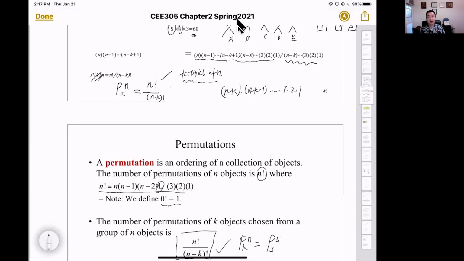Here L does not mean an L, it is just n minus 3, n minus 4, times n minus 5 and so on, until you get 3, 2, and 1. When I print the PowerPoint into PDF, sometimes the character will change.